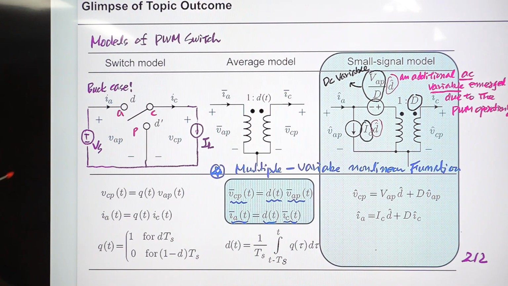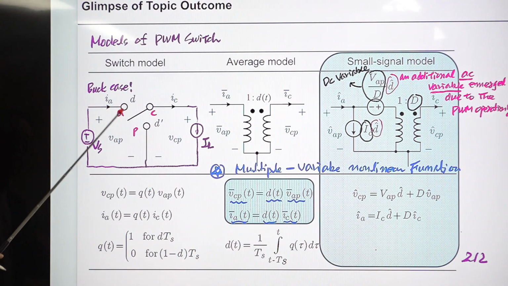Between the A and P terminals, there is an input voltage Vs, and between the C and P terminals, there is an inductor. So the inductor is now considered as a current source. It provides IL. So this is the generic representation of the PWM switch in operation, and this is the circuit equation for that.